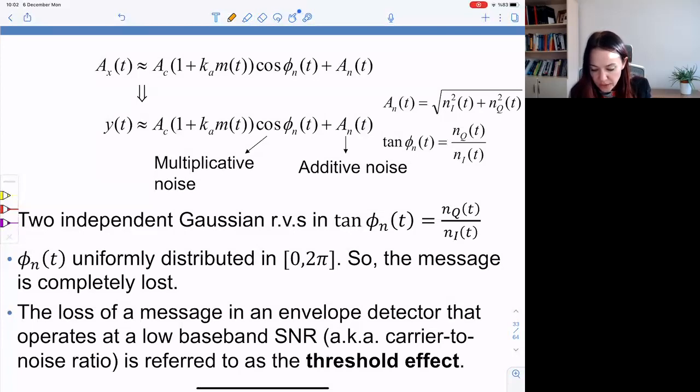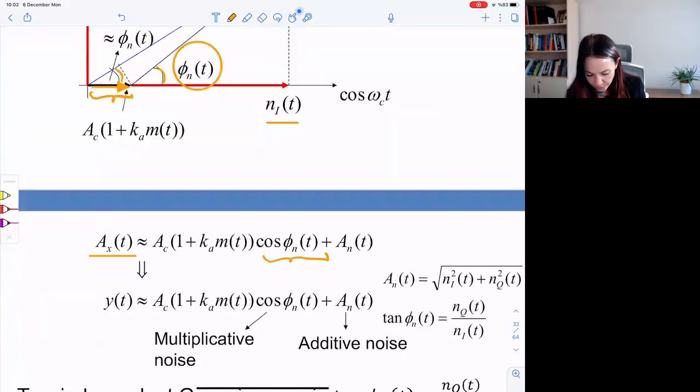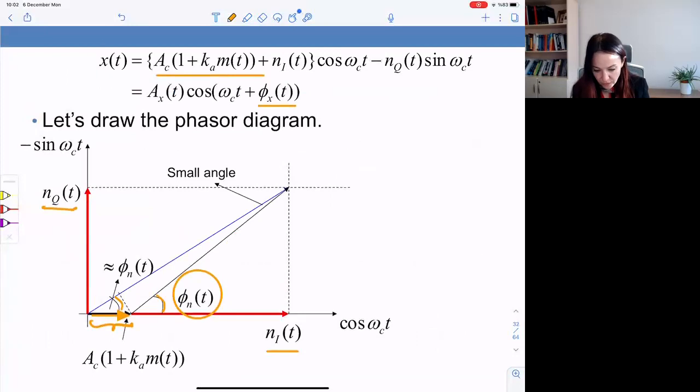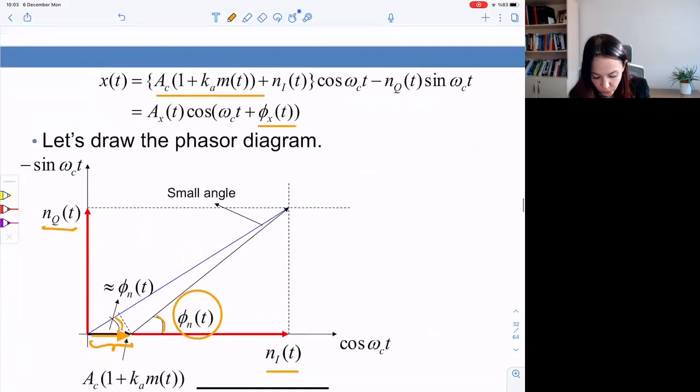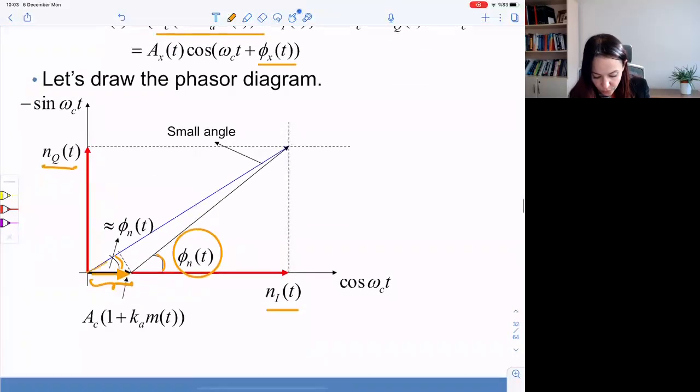Now we've replaced cosine theta x. So basically, what is AX of t? AX of t is the magnitude of the blue vector here.